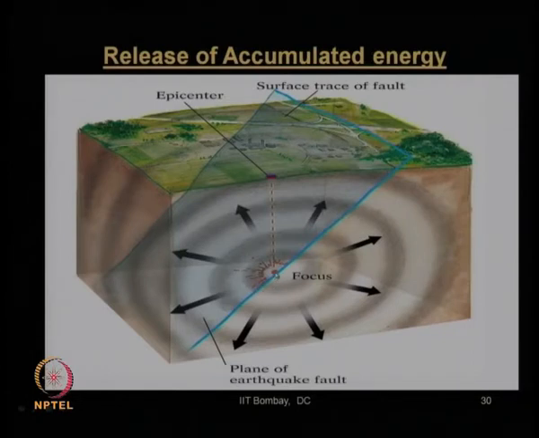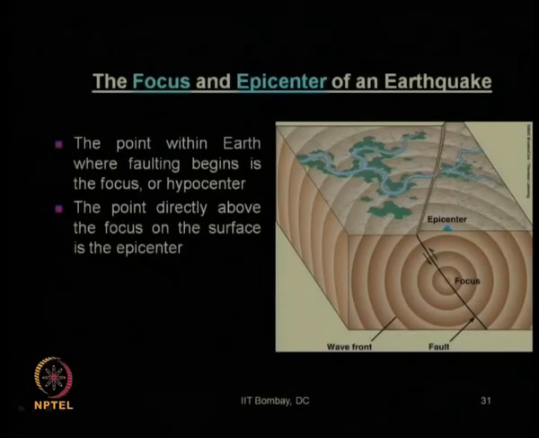So, from this focus, as I said earlier, if you draw a vertical projection on the ground surface, wherever it meets, that point is called the epicenter of the earthquake. This is another picture which shows the focus and epicenter of the earthquake.